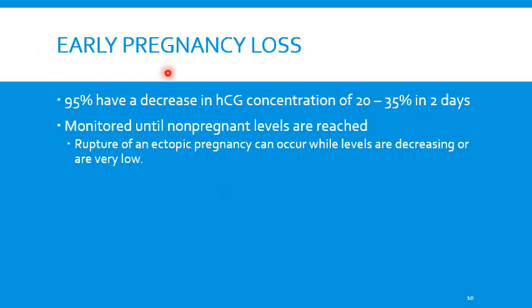Women with early pregnancy loss, 95% have a decrease in HCG concentration of 20 to 35% in 48 hours, depending on the initial HCG levels. These patients should be monitored until non-pregnant levels are reached, because rupture of an ectopic pregnancy can occur while levels are decreasing or are very low.